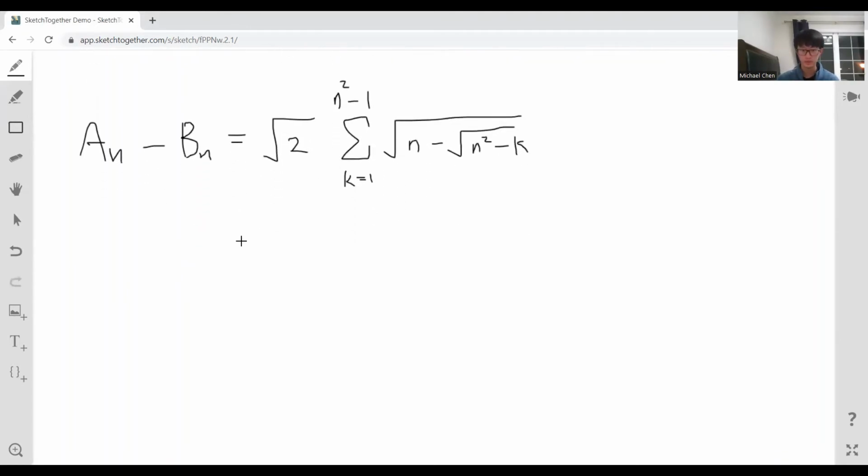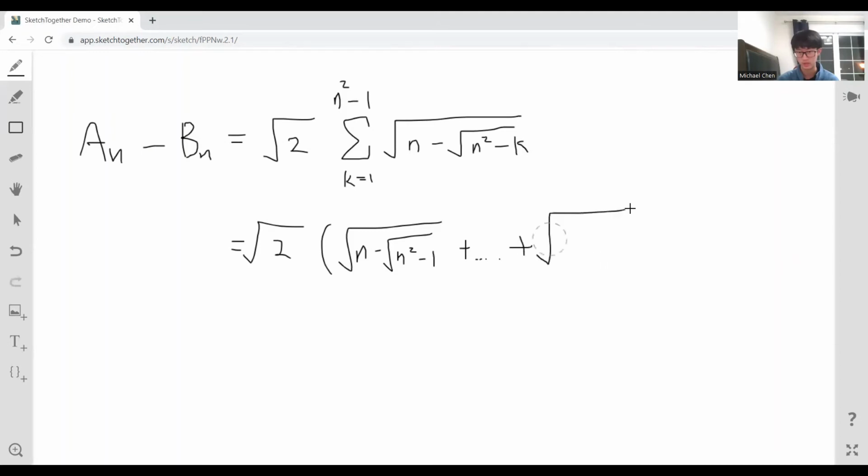Now we expand the sigma into the proper sums. It looks something like this. First we start with k equals 1, so we have root n minus root n squared minus 1. And then we go to the last two terms. If k is equal to n squared minus 2, we'll just have root 2 here. And then the last term would be root n minus root 1.